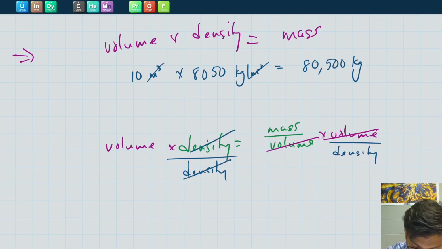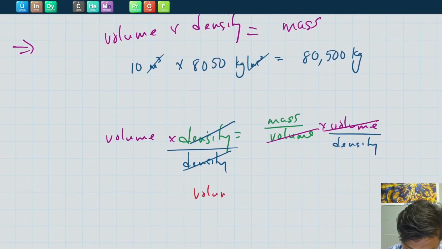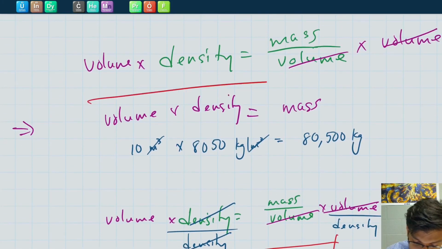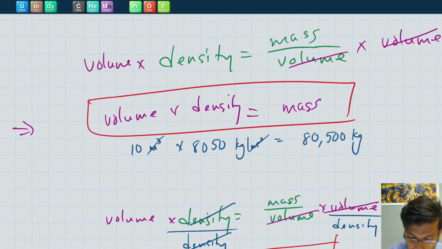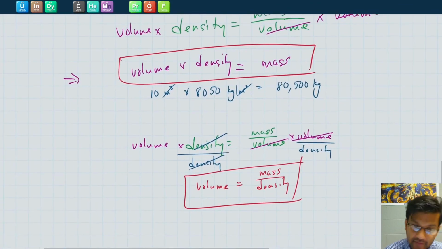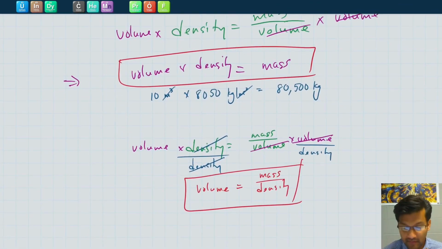That way density cancels out here, and we end up with volume is equal to mass over density. And so these are two equations that you might want to keep in your back pocket. Or you can figure it out just from the main starting equation to figure out either mass or volume starting with density.